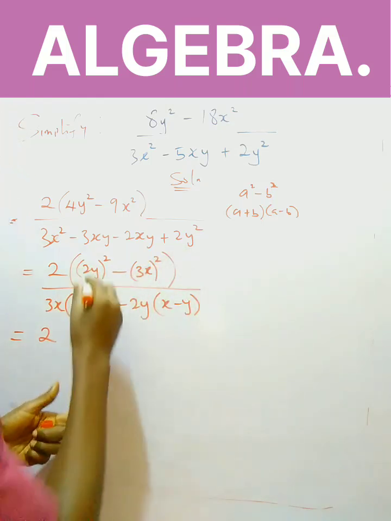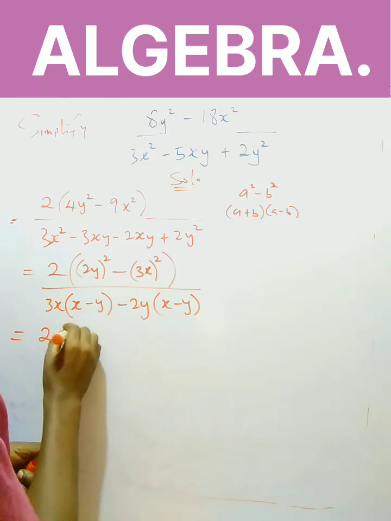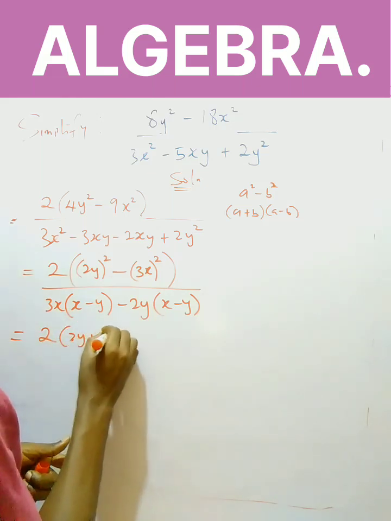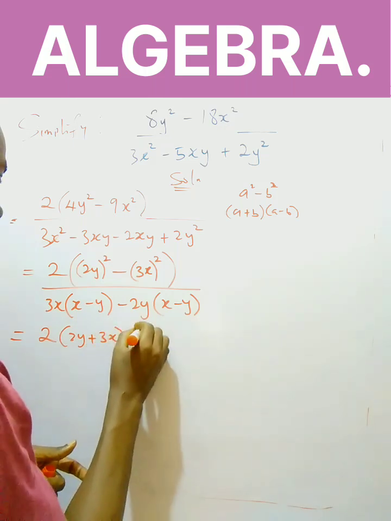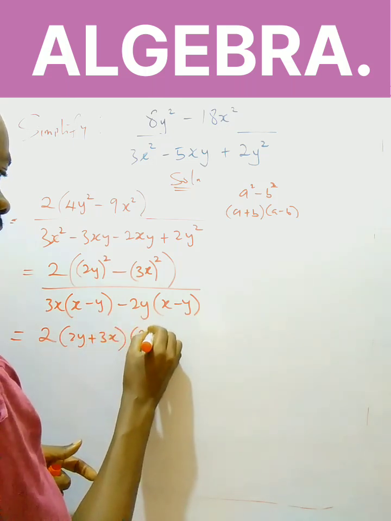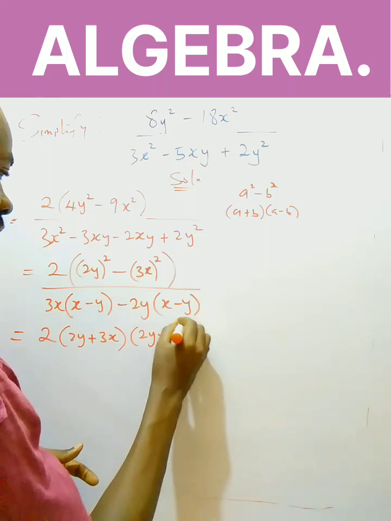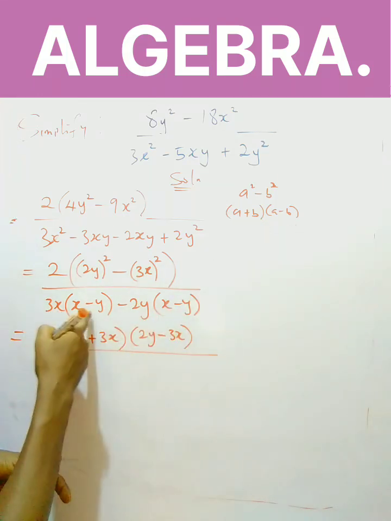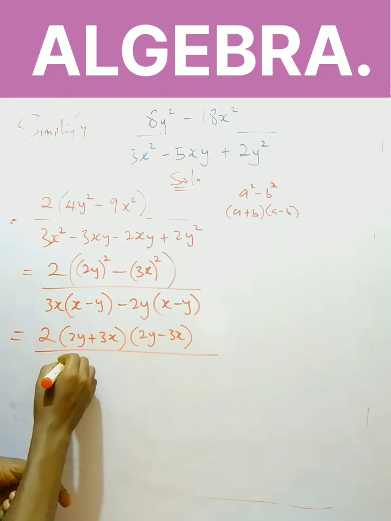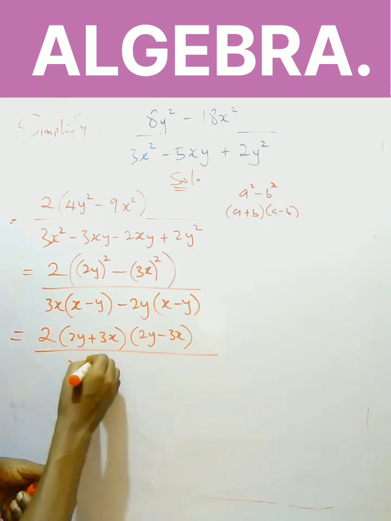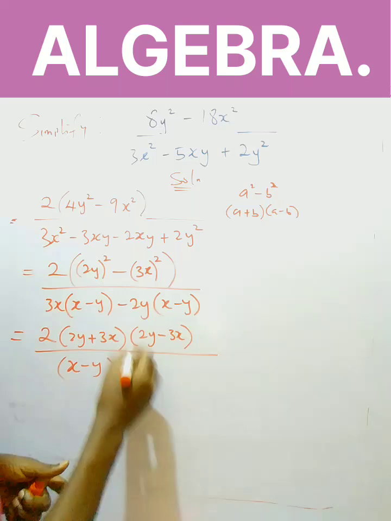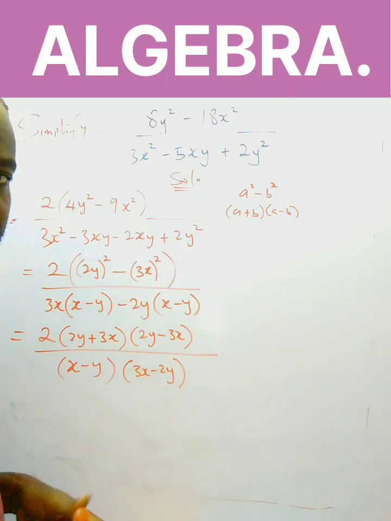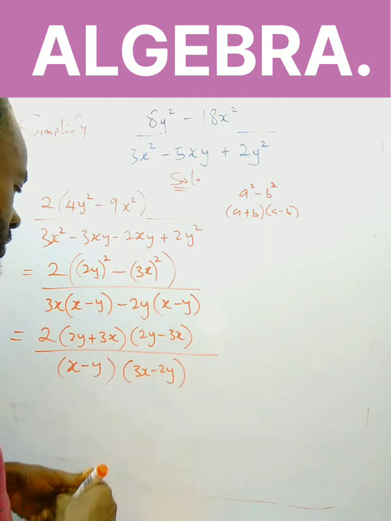This is going to give us 2y minus 3x bracket 2y plus 3x, applying the difference of 2 squares. Then for here, these 2 inside the bracket are the same, so I can have my x minus y, and then these 2 outside the bracket, we'll bring them together. Okay, so let's go. We're almost done.